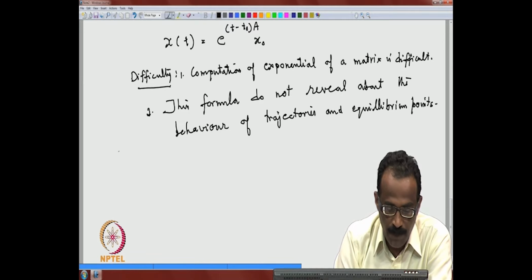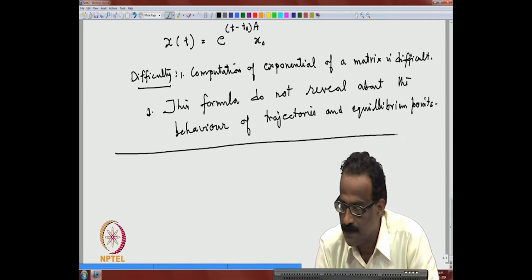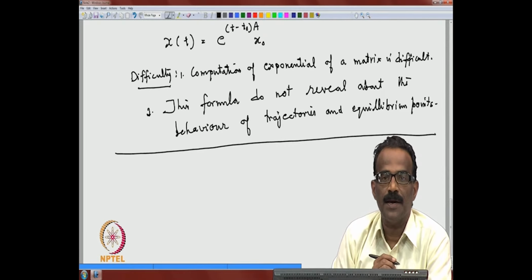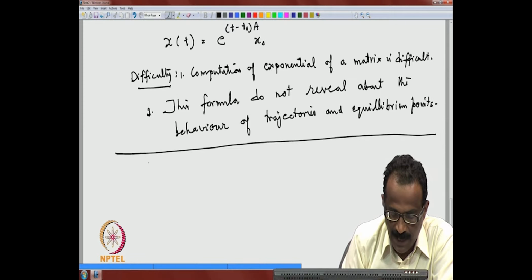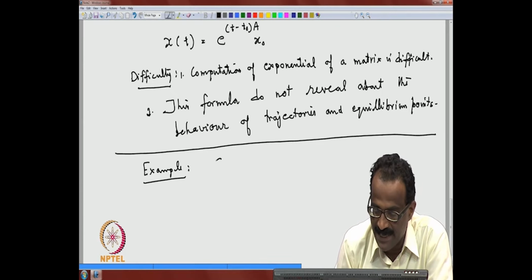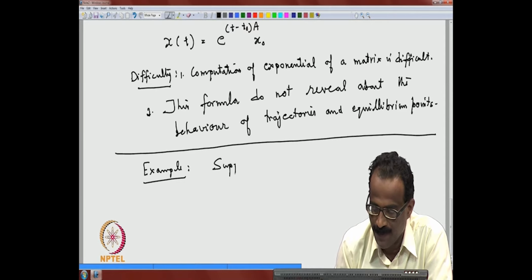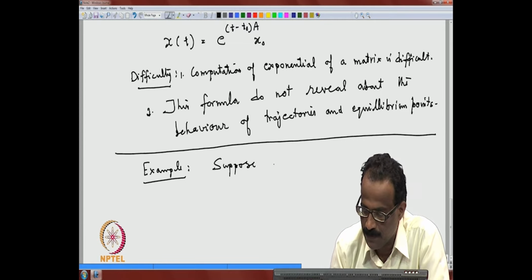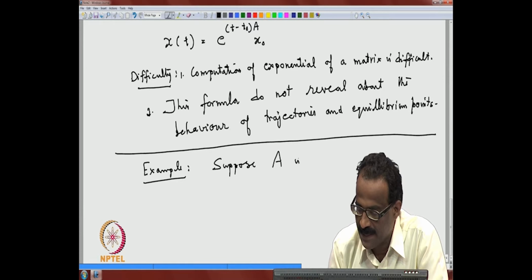Okay. But there are some matrices where the computation is easy. For example, suppose A is diagonal.